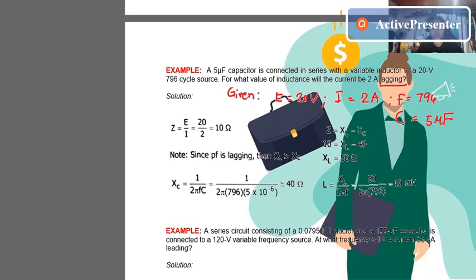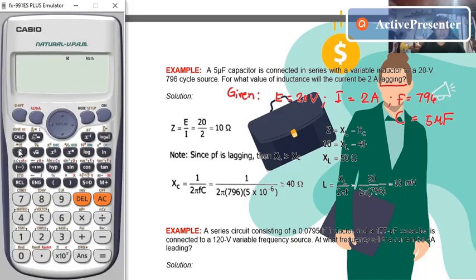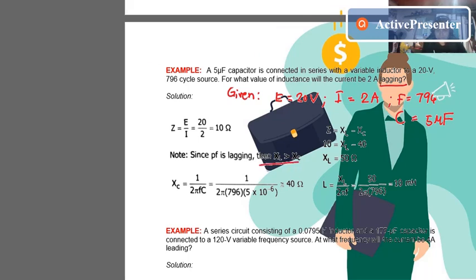So first, we need to solve for our impedance since we have the voltage and current given. So 20 volts divided by 2 amperes is 10 ohms. So our impedance is 10 ohms. Since per our note above the power factor is lagging, therefore XL is greater than XC.